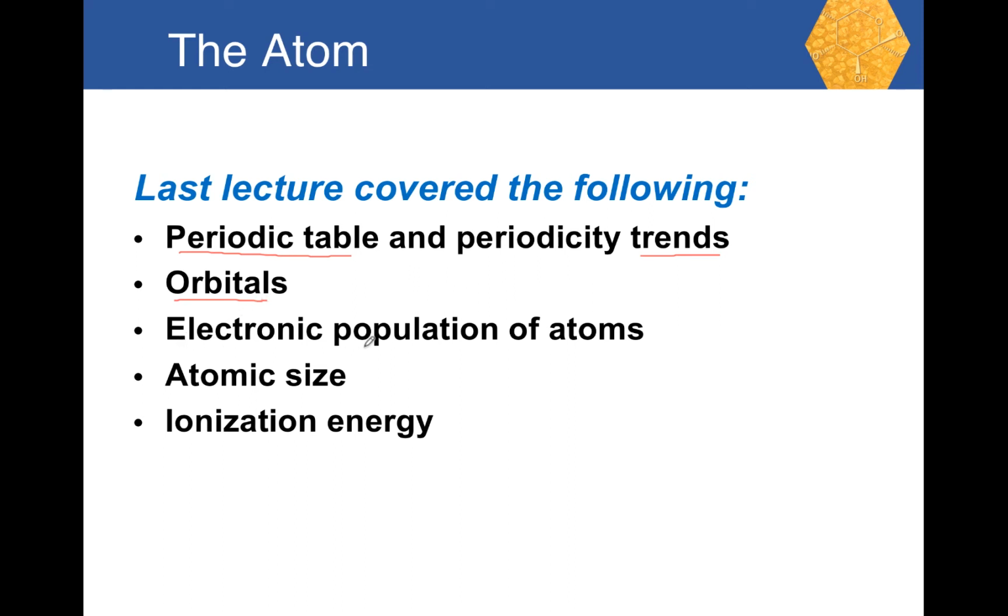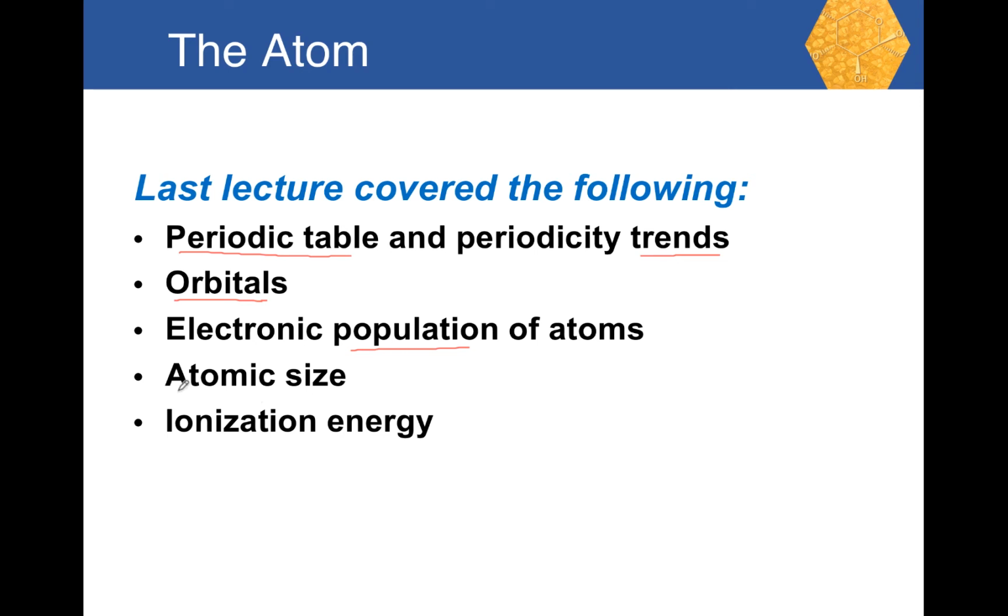The electronic configuration or population of the atoms. Once again, there are rules that we'll have to follow to put the electrons in the orbitals. So don't forget those rules.